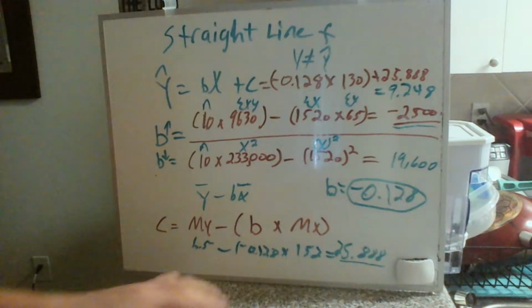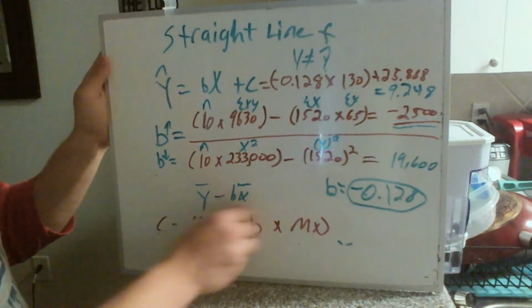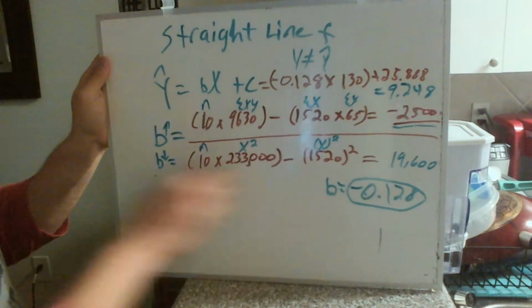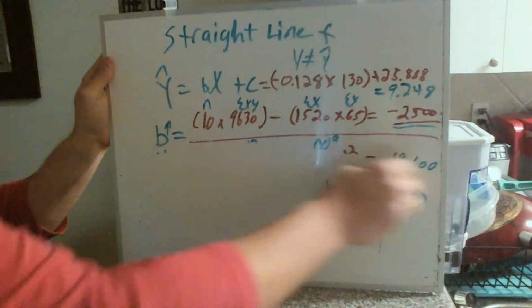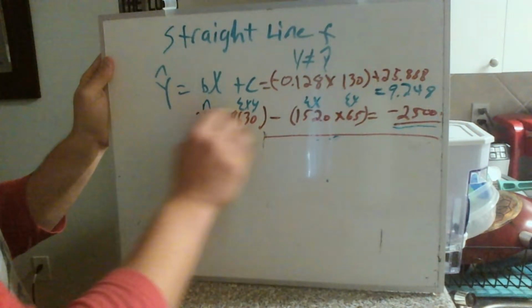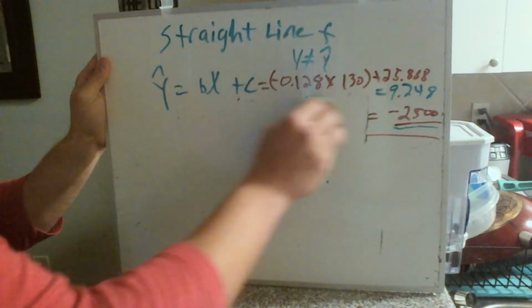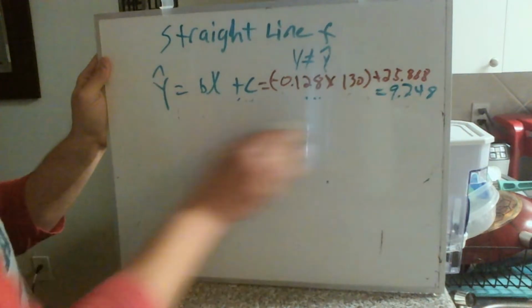Now that's all fine and dandy and everything, but let's look at something here. Right? So now we could take this y hat, and now we can find out what the error is.